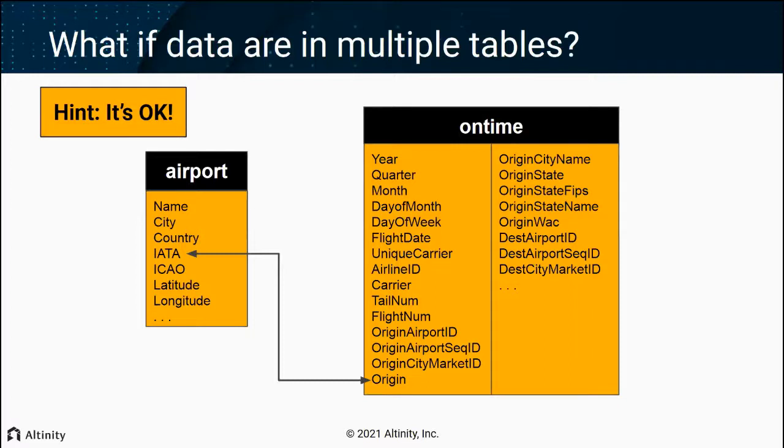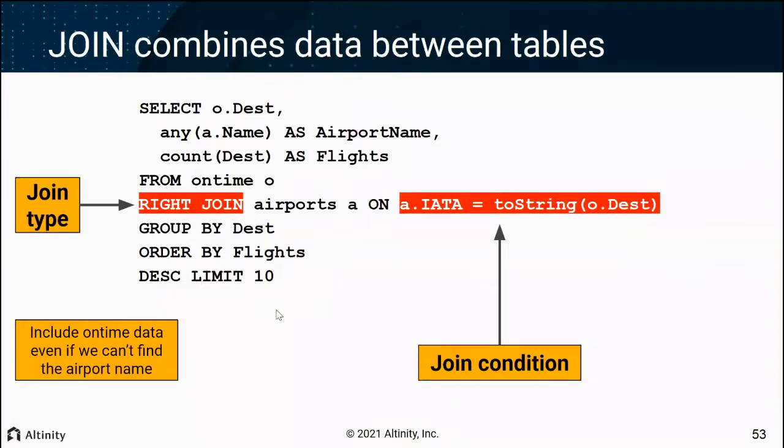We have the on-time data and we have the airport, which is characterized by an IATA code, like SFO or EWR. In that case, we're going to do a join.